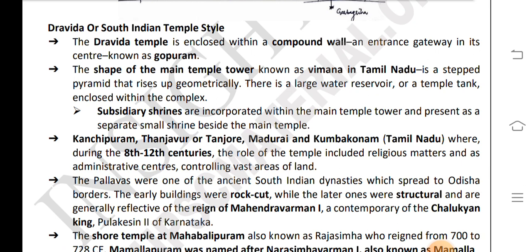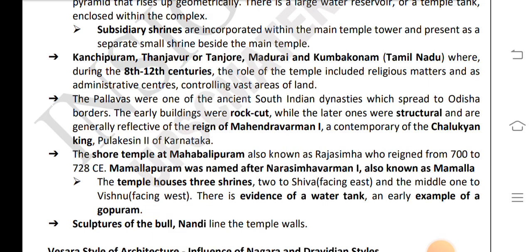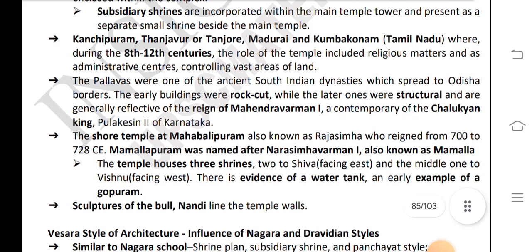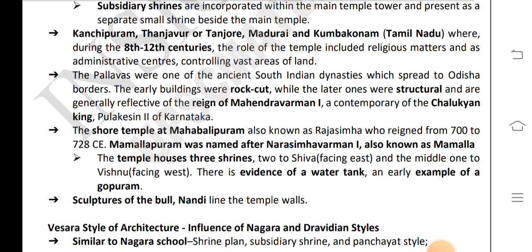Dravidian or South Indian temple style. The Dravidian temple is enclosed within a compound wall, and the entrance gateway in its center is known as the gopuram. The shape of the main temple tower is known as the vimana in Tamil Nadu.